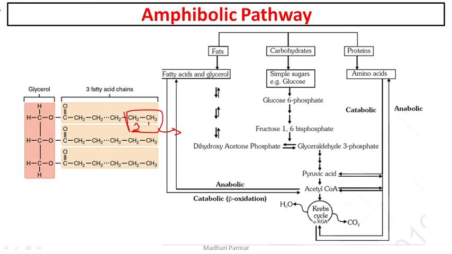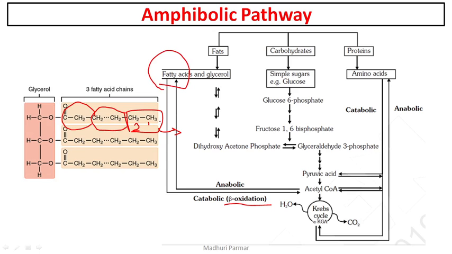In the next cycle of beta oxidation, 2 more carbons will be removed. Then in the next cycle, 2 more carbons. So a pair of carbons is removed one after the other. That is called beta oxidation, and it happens for fatty acids. Clear?